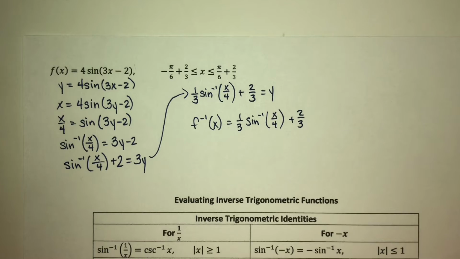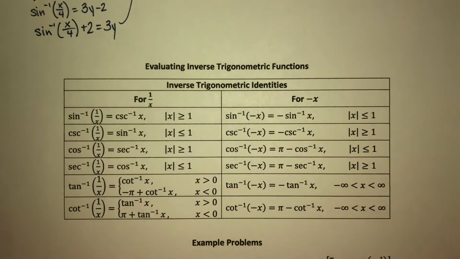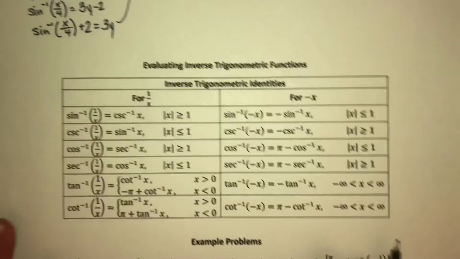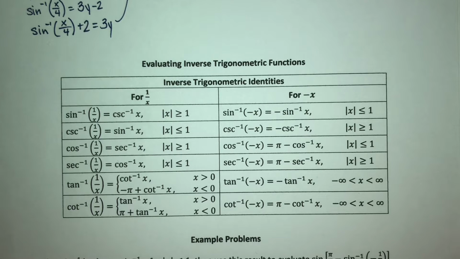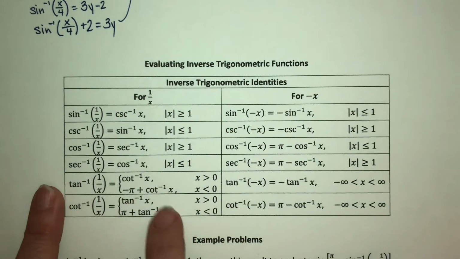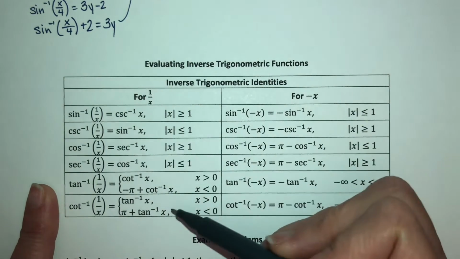Now let's talk a little bit about some properties of these functions. We know about reciprocals, and we talked about how you can use the reciprocal function to get an answer, but you might need to make an adjustment. We said you needed to make those adjustments with tangent and cotangent, because they are in opposite quadrants for the negative possibilities.